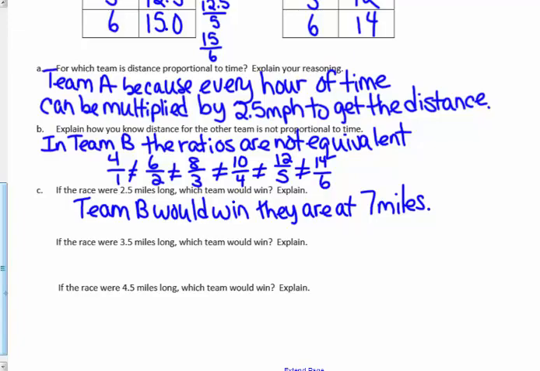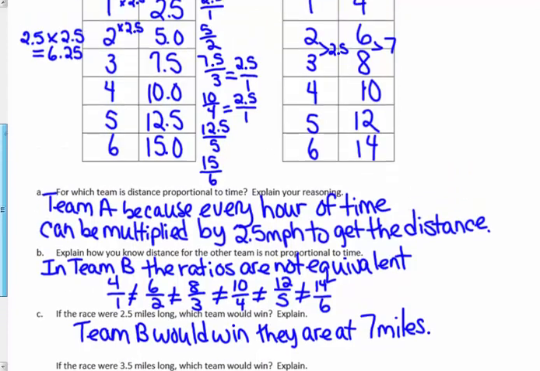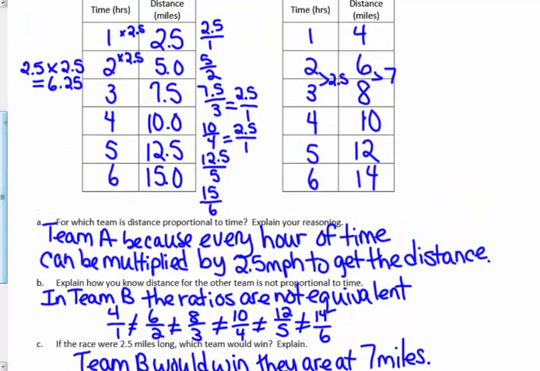If the race were 3.5 hours long, which team would win? I'm going to go back up to my chart here. 3.5 times 2.5 miles per hour would give me 8 75/100ths miles.